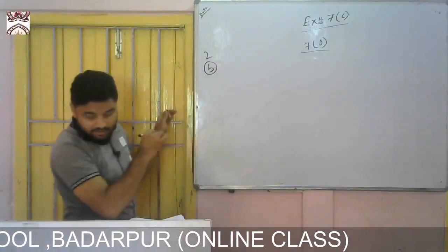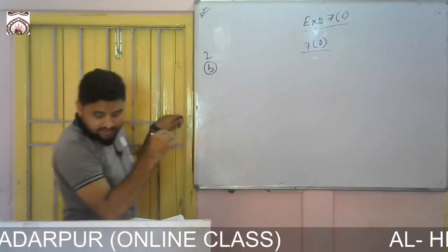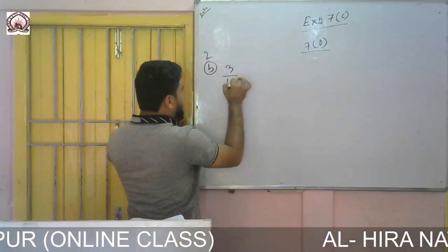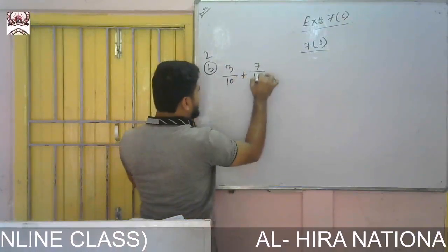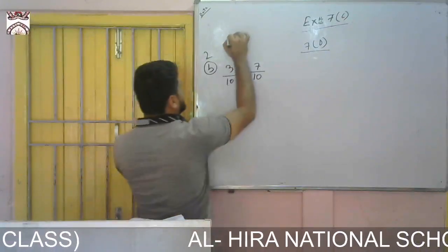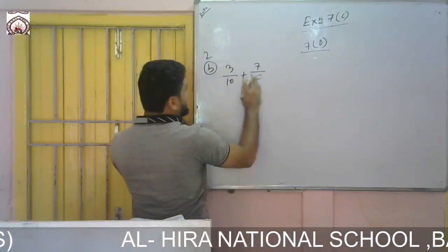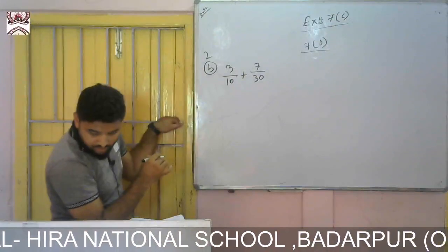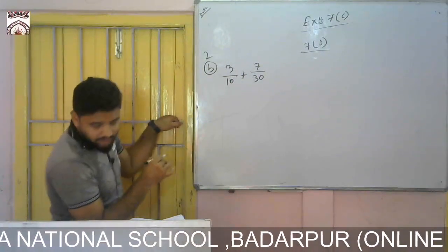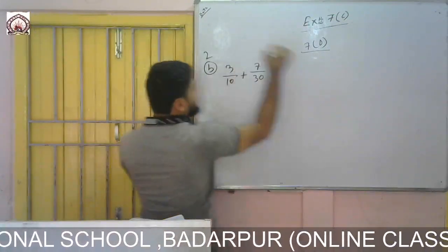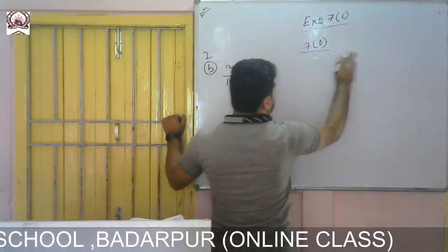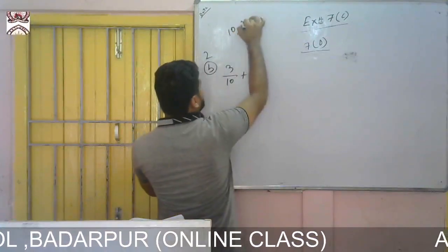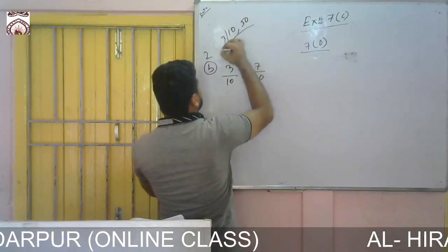2B, what is there? 3 by 10 plus 7 by 30, I think. 7 by 30, yes. Now LCM of 10 and 30 will be what? 30.